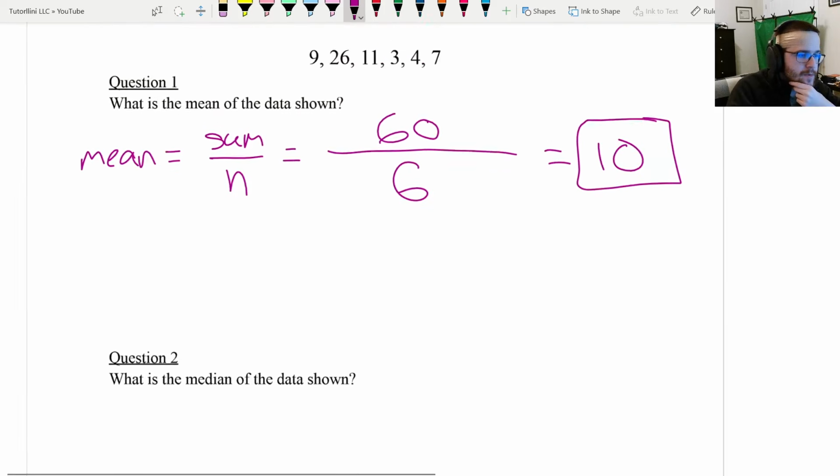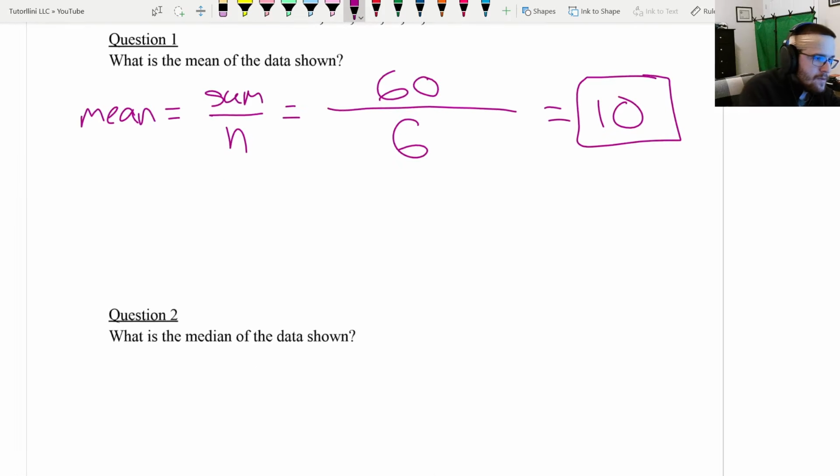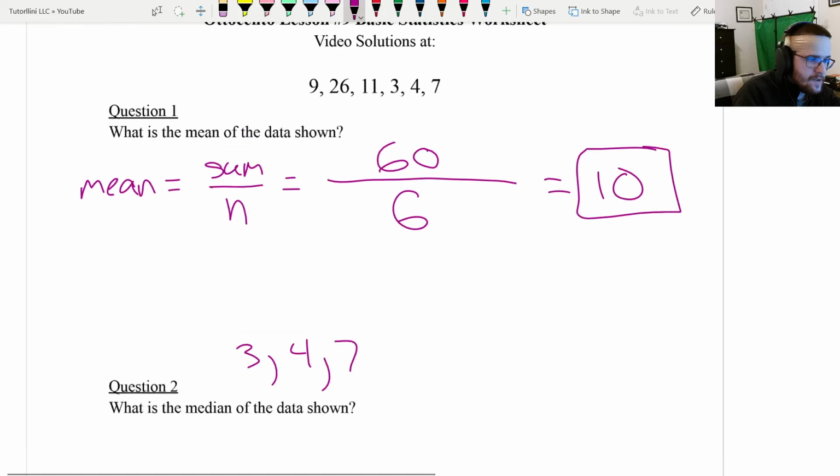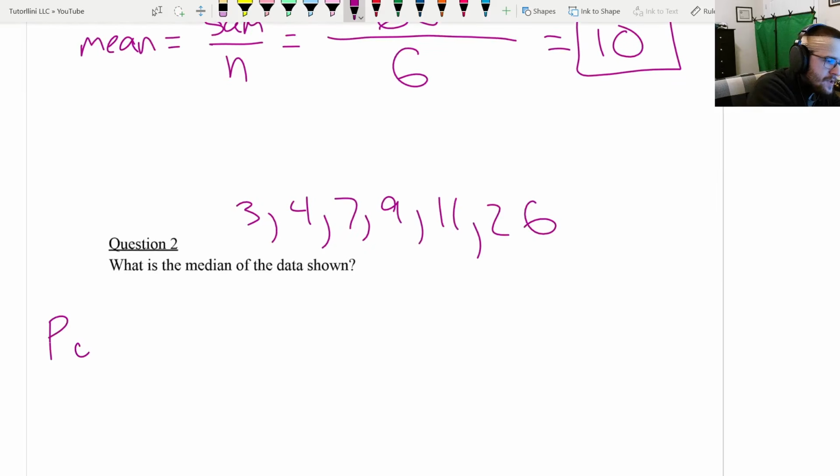Now this next one asks, what's the median of the same list? First thing, if we're going to do it totally by hand, we have to put it in order. 3, 4, 7, 9, 11, 26. I think I did a good job at that. Again, there's 6 numbers, so the position of the median is n plus 1 over 2, 6 plus 1 over 2.